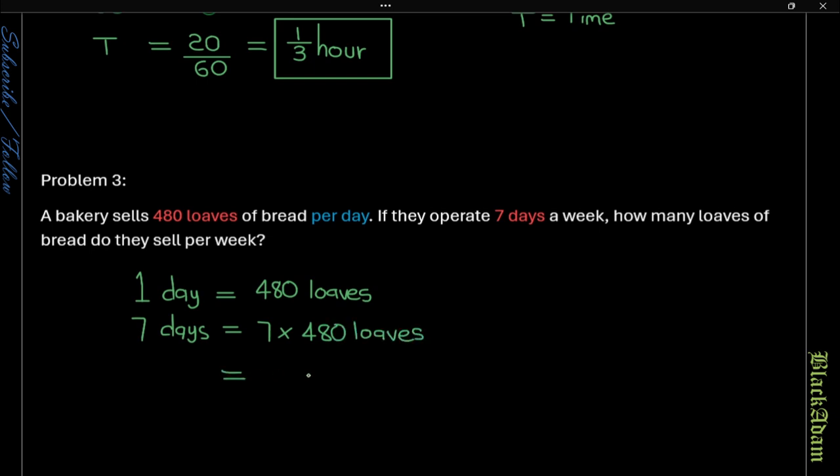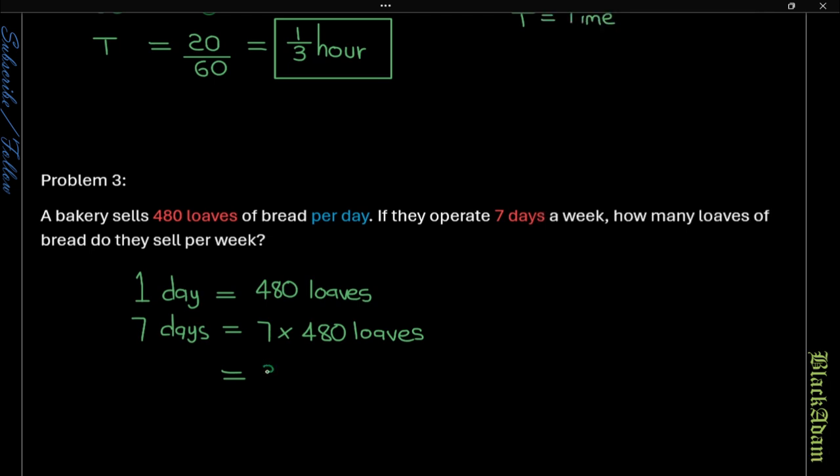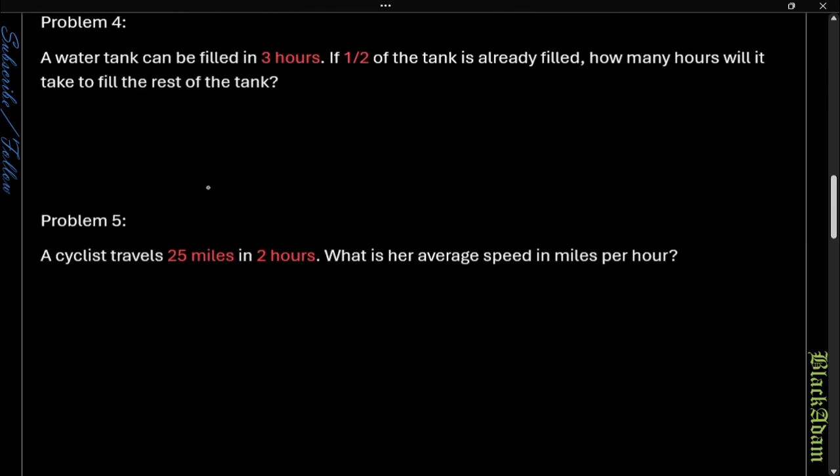We just need a calculator once again. 7 times 480 gives us 3360. So our answer will be 3360 loaves. Okay, and then from there we have question 4.